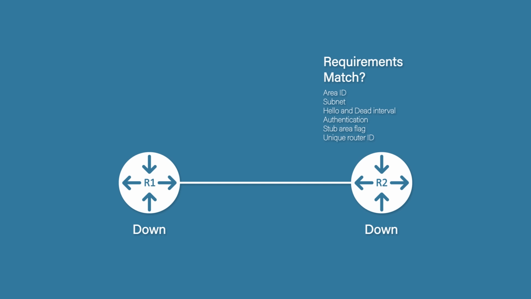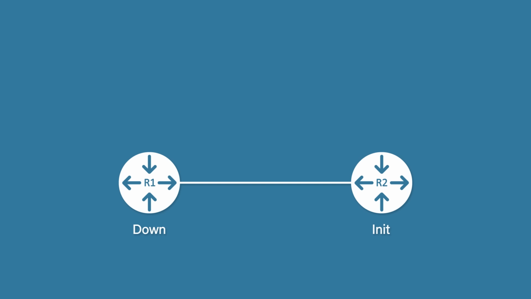Okay, so once the checks have been made and if all is good, then the routers can move to what's called the init state. Router 2 then sends a hello message of its own. This message not only lists its own router ID, but also router 1's ID as a known neighbour. So when router 1 receives this hello message, it sees itself as a known neighbour.